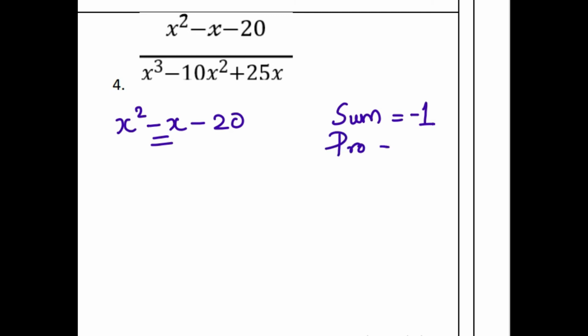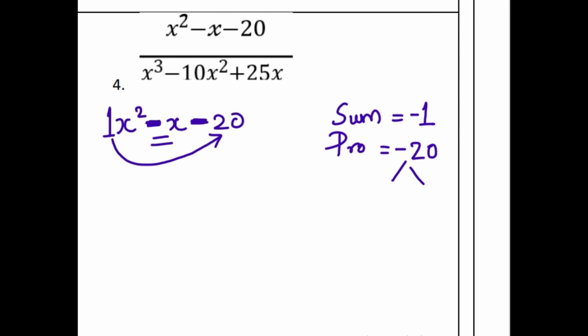The product: this is going to be a 1 here, so 1 multiplied by negative 20 giving you a negative 20. Again, let me remind you, please don't ignore these signs. If you got a negative, you use it in your calculation.